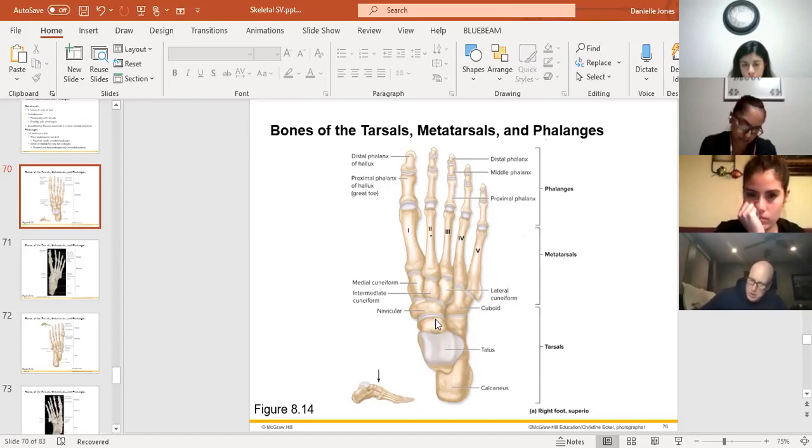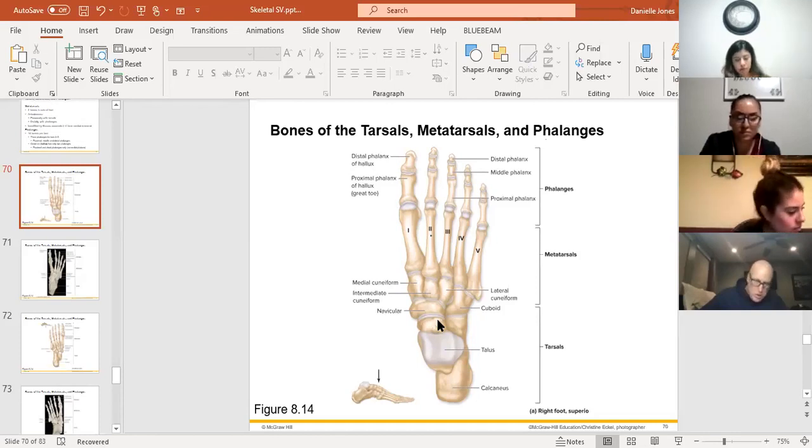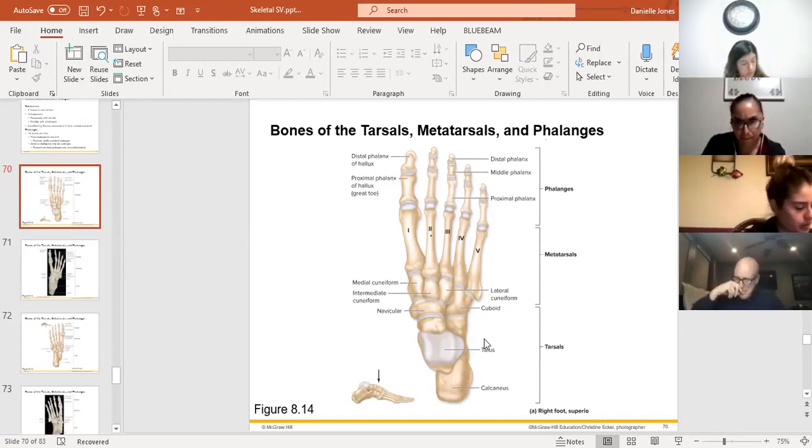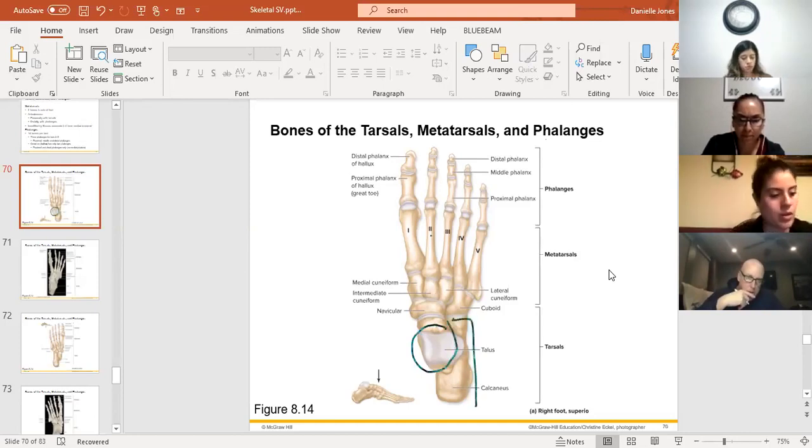All right, let's go over those tarsal bones, and that's it. All right, tarsal bones. Now, there are 7 of these, whereas there were 8 carpal bones. First, the 2 biggest tarsal bones are this one right here, and then this one underneath it.